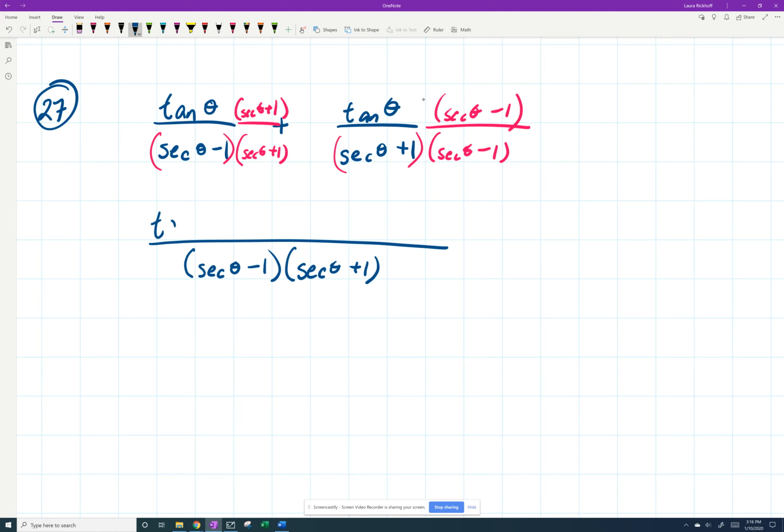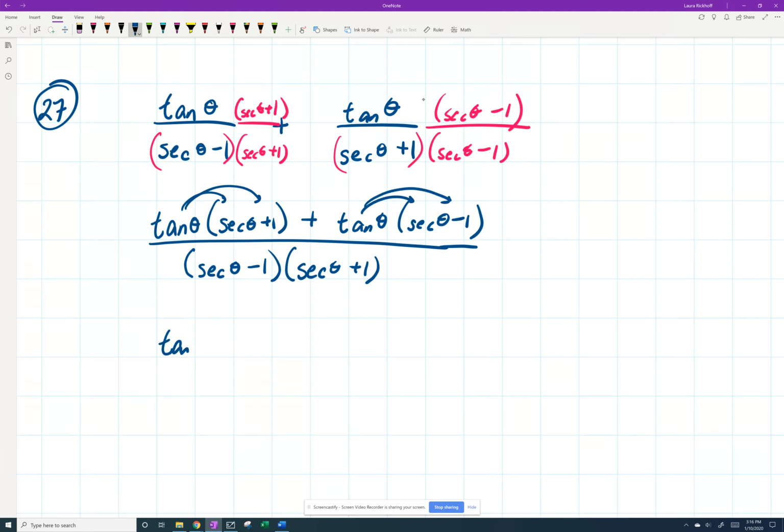So I'm just going to rewrite what I have so I don't mess anything up and distribute after. There we go. And yeah, so now I'm set. I'm going to go ahead and distribute here and here and here and here.